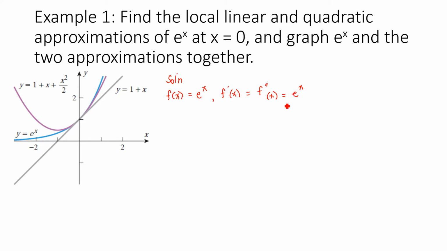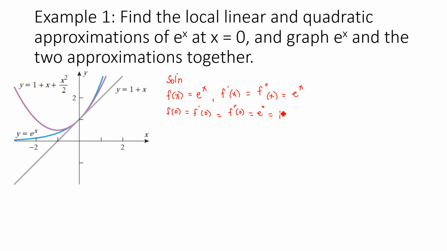Hence, f of 0 is equal to the first derivative of f of 0, which is equal to the second derivative of f of 0, which is equal to e raised to 0, which is equal to 1.